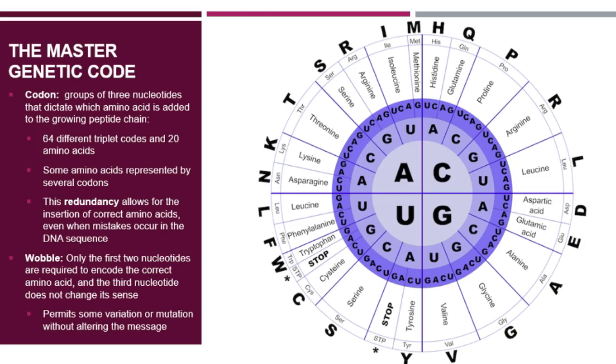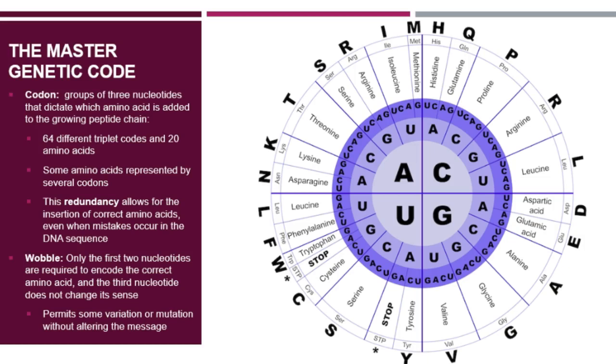So some of these amino acids are represented by more than one codon. And this is known as redundancy. And this allows for the insertion of the correct amino acid even when there are mistakes in the DNA sequence. So this is one of the measures that our cells have built into them to help address things like mistakes and mutations.